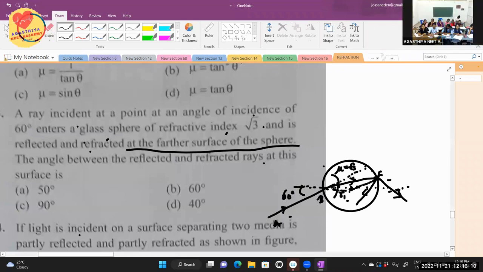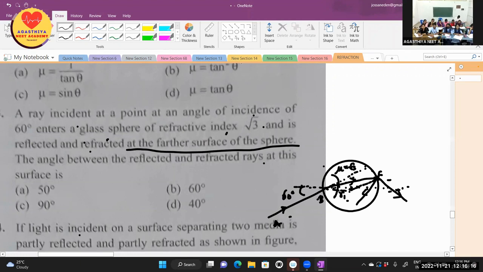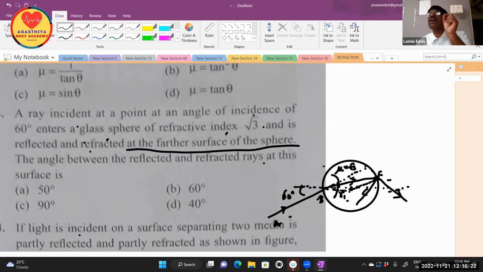Inside the glass, the material is the same. According to the law of reflection, the angle of incidence should be equal to the angle of reflection in the same medium. So consider this ray and the reflected ray.